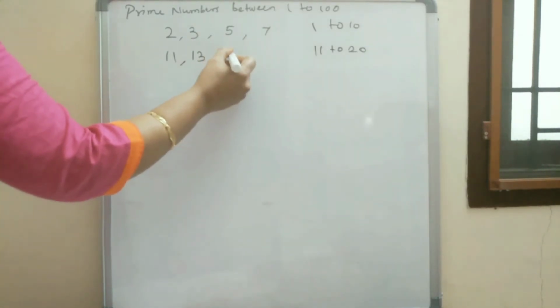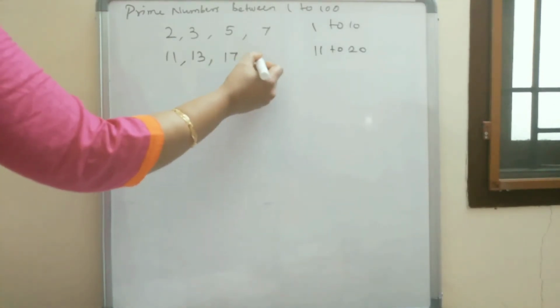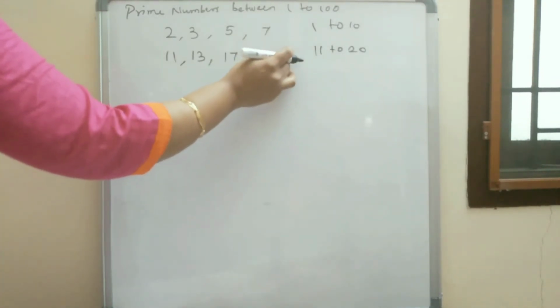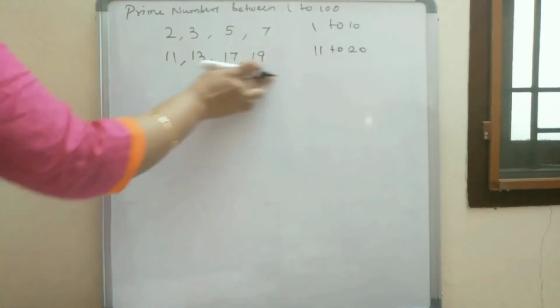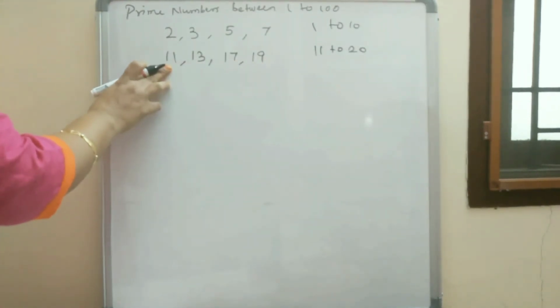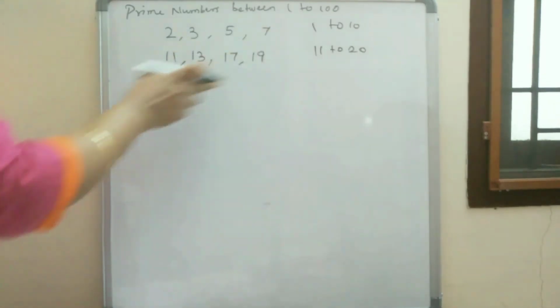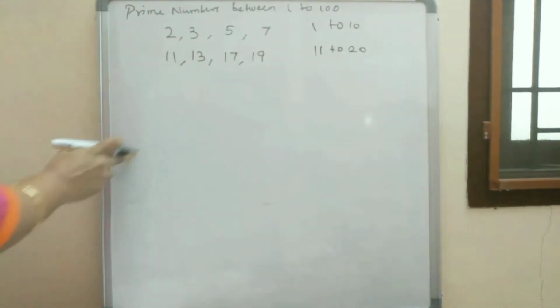And 16 is an even number. We'll take 17. 18 is an even number. We'll take 19, and 20 is an even number. So we conclude up to this and we will check it. Is it a prime number or not? It is not divisible by 2, 3, 5 and 7. So these 4 are prime numbers.